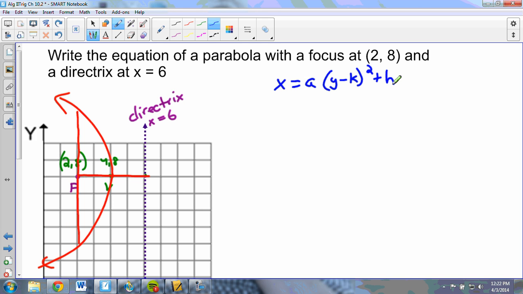A is going to be negative because it's pointing to the left. H is 4, and K is 8. That's H and K. So now we have this.